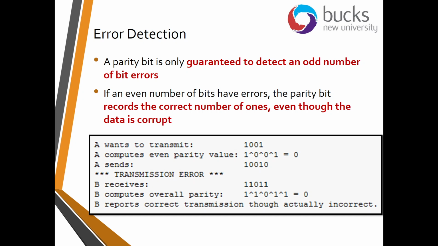But in this case, bit 0 and bit 3 have flipped. They've errored within the transmission, going from 0 to 1, but because both of them did, it actually looks as if we've got the correct data when it's run through the parity check at computer B's end. But in fact, that's actually incorrect. So it just shows the limitation of the checking system.